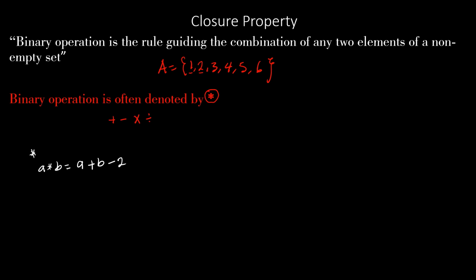If you have to find 3 asterisk 2, this is going to be equal to, so 3 will replace A, for us to have 3 plus 2 minus 2, and the answer to this is 3. So this is simply an operation asterisk which is defined by A plus B minus 2.